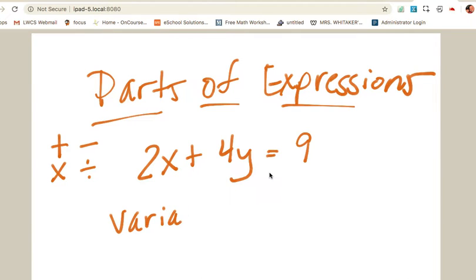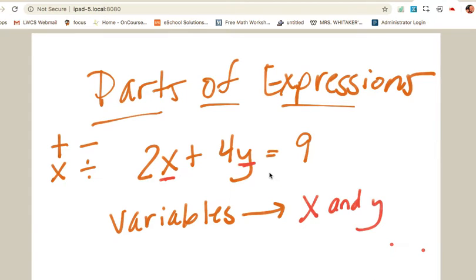If I ask you what the variables are, the variables are the things that can change. That would be something that you can plug in for a letter. So the letters that I see in our problem are x and y, so our variables will be x and y. Something I've been talking a lot about is coefficients.